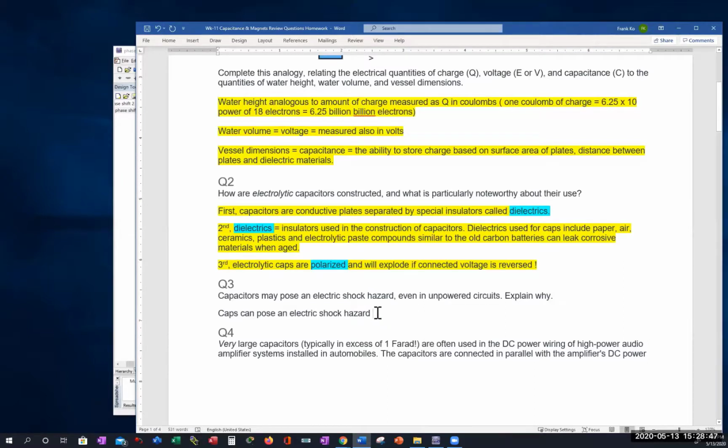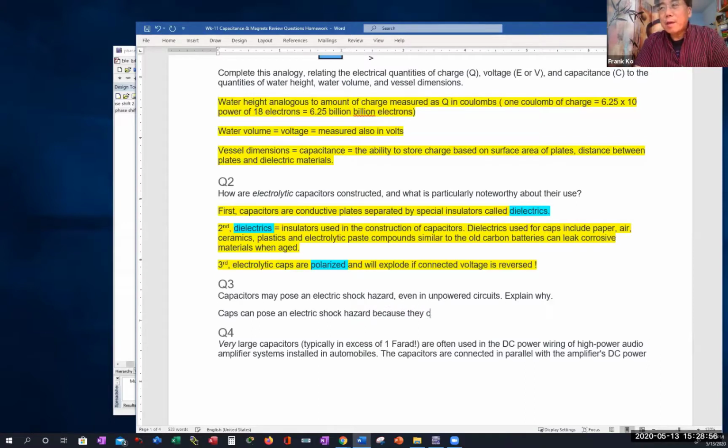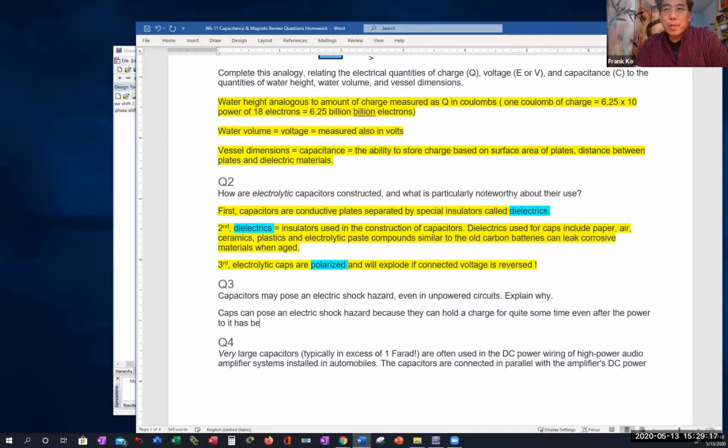Almost. All right, so caps can pose an electric shock hazard because they can hold a charge for quite some time, even after the power to it has been disconnected.